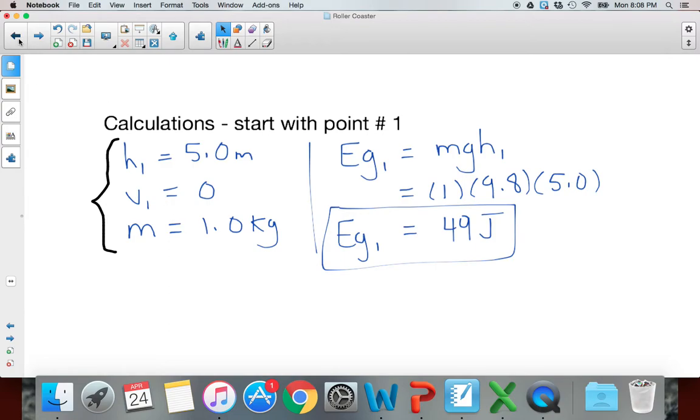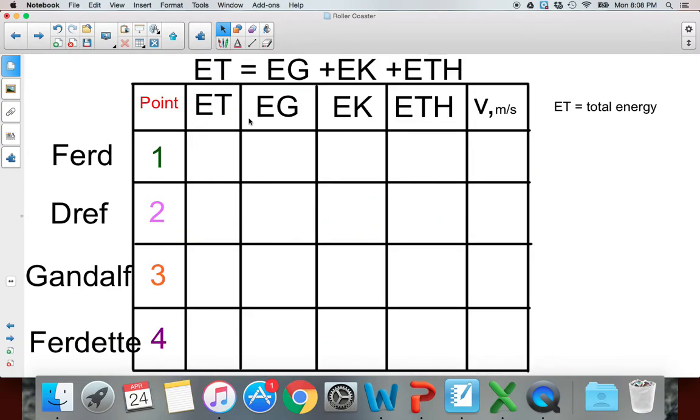I'll show you why. Go back to our bingo card. We know then 49 is EG, but we also knew from the very beginning that the speed was 0 when we started. Because kinetic energy is the energy of motion, if there's no speed, there's no kinetic energy.